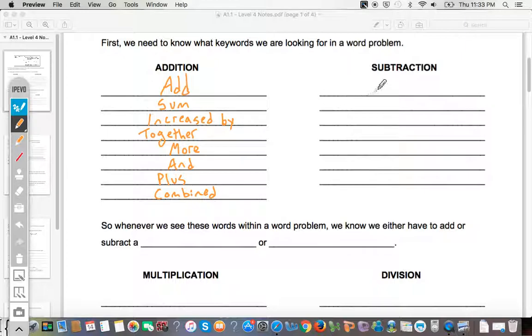Okay, let's go over to subtraction. Let's start off with subtract, difference, decreased by, minus, less than, from, and fewer.